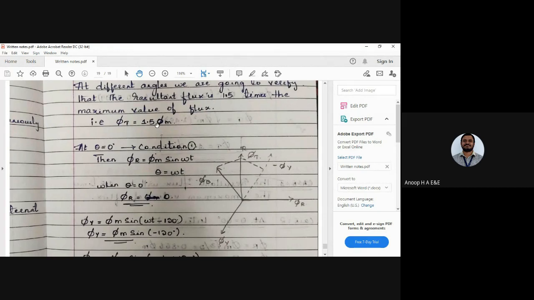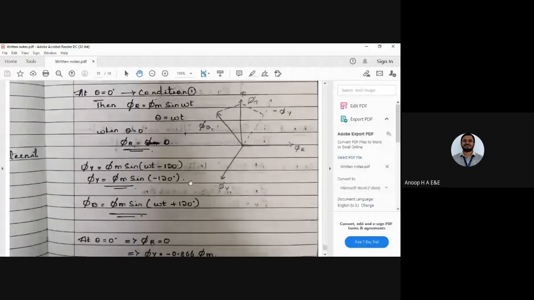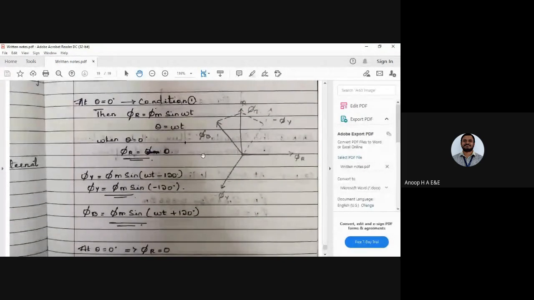So we are going to have different conditions where we are going to see the representation.